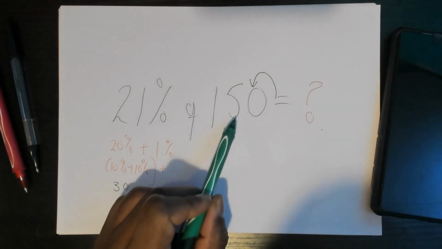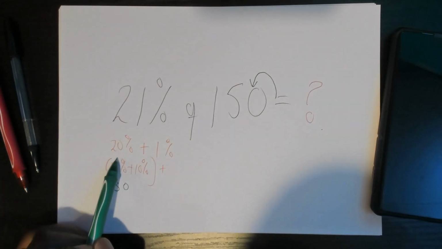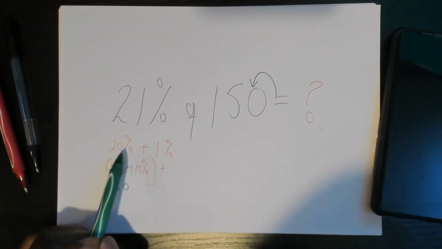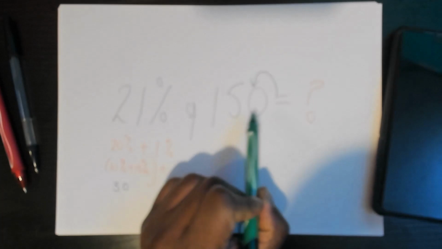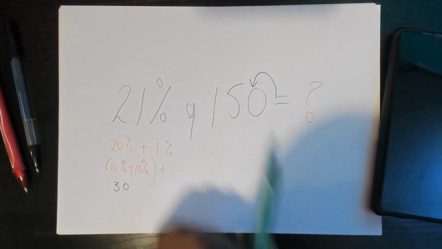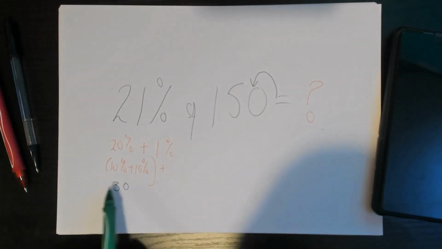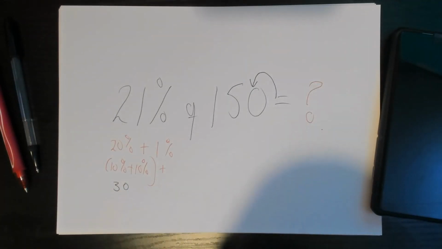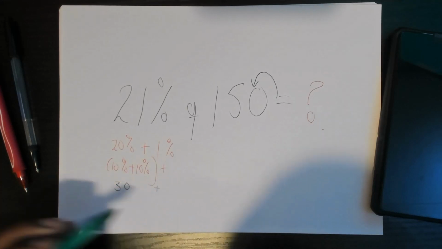We need to get 20% plus 1%, and already we've got 20%, because we know 20 is nothing more than 10 plus 10. And we know how to get 10% of any number by moving the decimal point one spot to the left, which gave us 15, and then 15 times 2 equals 30. Yeah? Now for the final part, which is to get 1%.